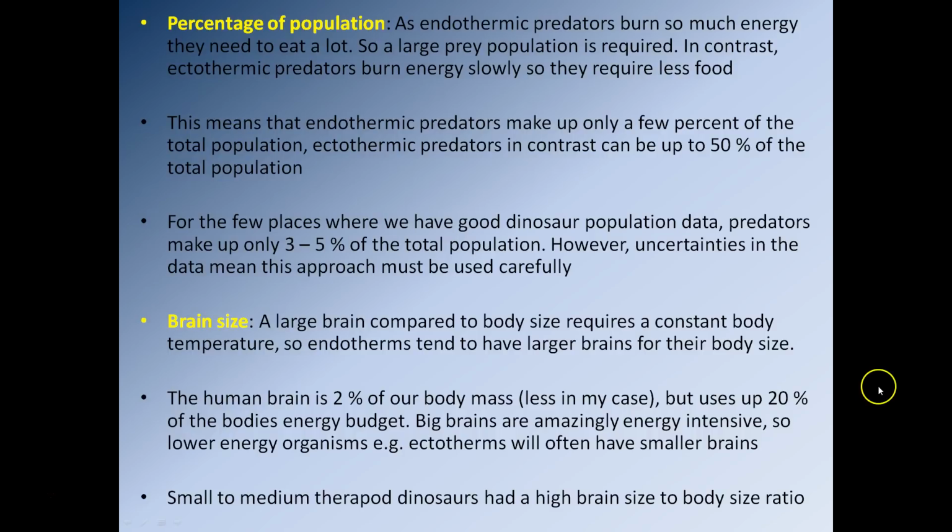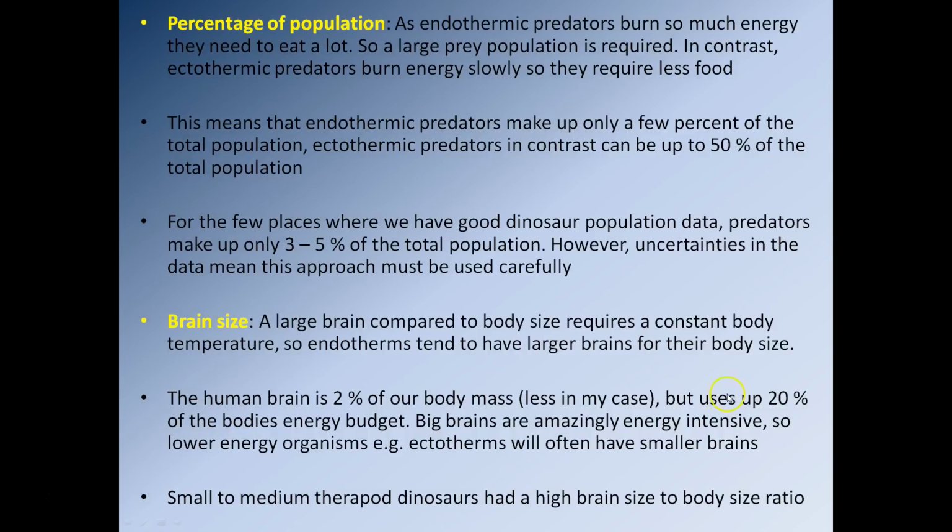So if you want to keep your brain going, essentially if you want a big brain, you have to be able to keep it at a stable temperature, and you have to be able to provide it with absolutely bundles of energy. And in that case, it becomes relatively clear why, on the whole, warm-blooded animals have larger brains than cold-blooded animals.